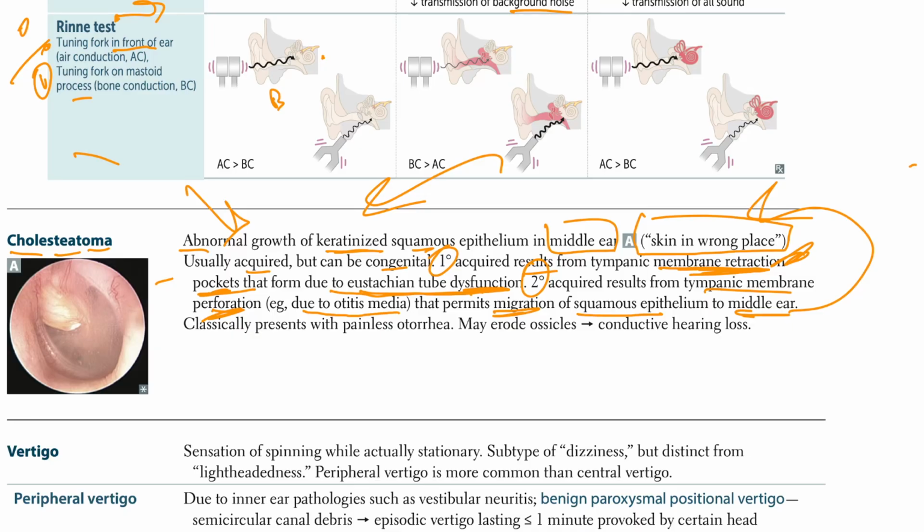Classically, it presents with painless otorrhea. There's no pain. It might erode the ossicles, and when it erodes the ossicles, it leads to, again, conduction problem, so conductive hearing loss.